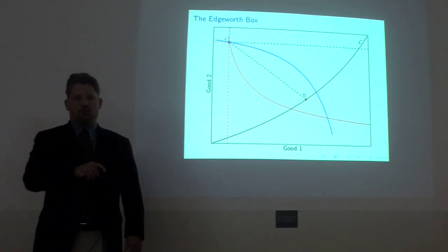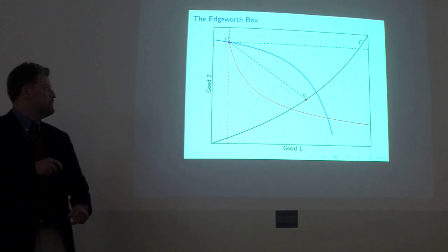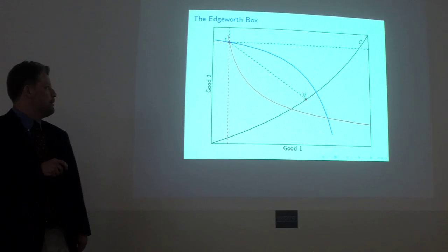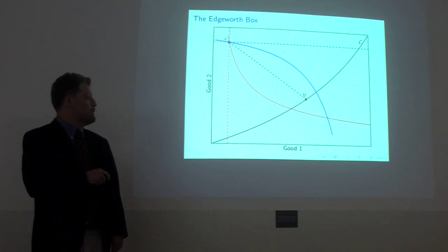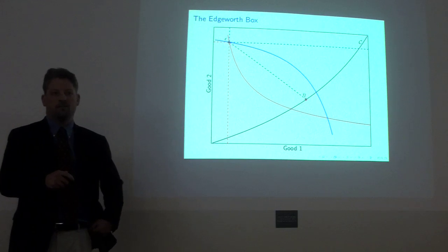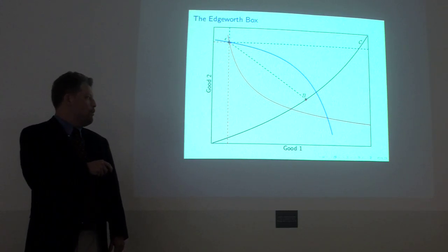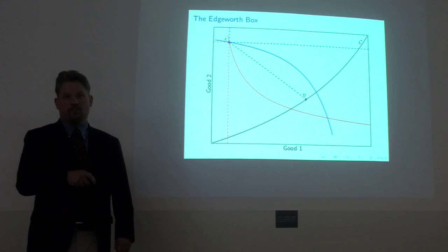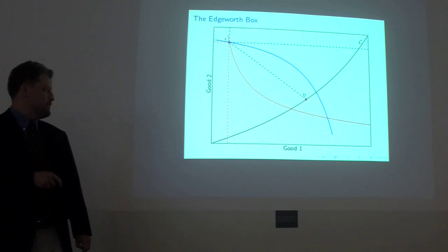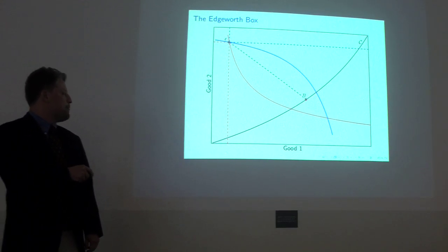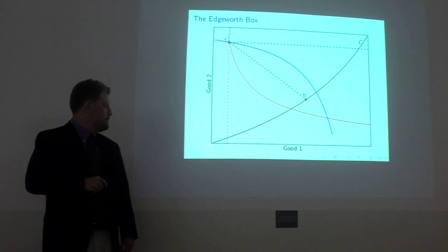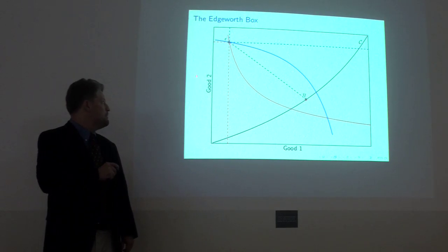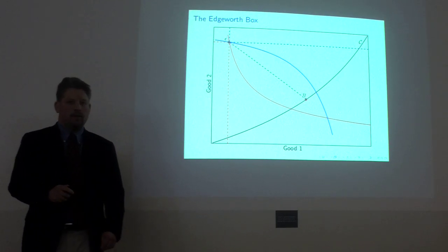All right. So this is the visualization that we'll need for the rest of the talk. I'm going to go over this a bit slowly because, while it only works in the two-agent, two-good space, it's very handy for visualization. So first, we've got two goods in the economy, good 1 and good 2, right?